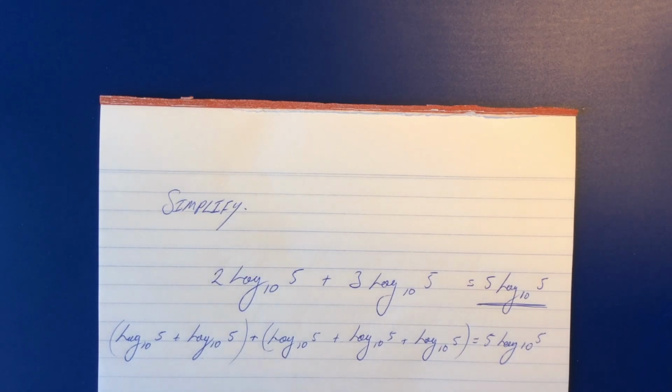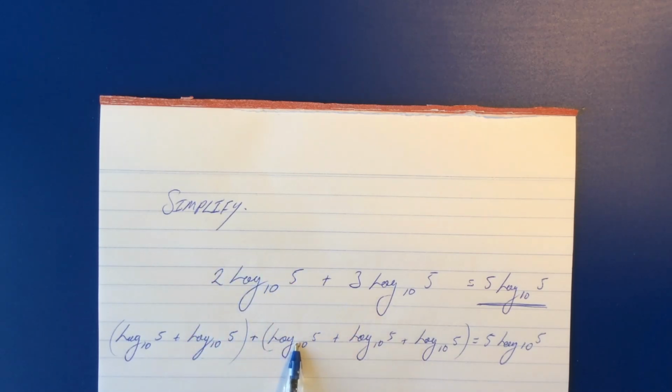There are a couple of ways in which you can approach this that make the problem really, really understandable. So this expression here means 2 lots of this, quite literally, 2 times this. And here we have 2 lots of log base 10 of 5. Now I've put them in brackets for no other reason than to demonstrate that they are attached to this expression.